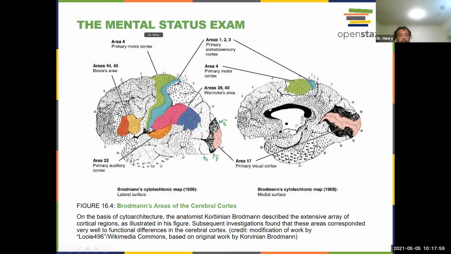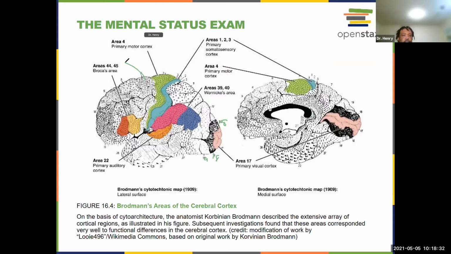So even within those areas, you have part that is responsible for the primary sensory aspect, and then an adjacent area that is responsible for processing. He noticed this throughout that entire region, like area 4, the primary motor cortex, and area 6, the premotor cortex.